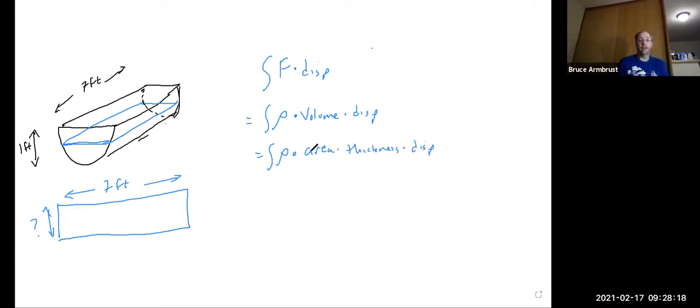So this is what we need to figure out in order to set up our integral: the density, the cross-sectional area, the thickness, and how far it's moving. Let's start putting all that in. Things we know: the density. That's easy. It's what they tell us, 62.